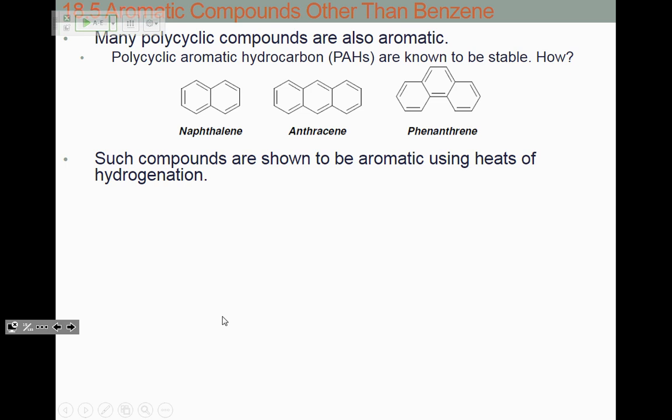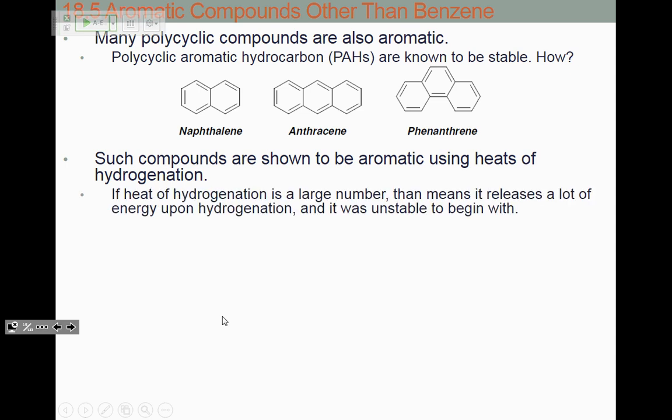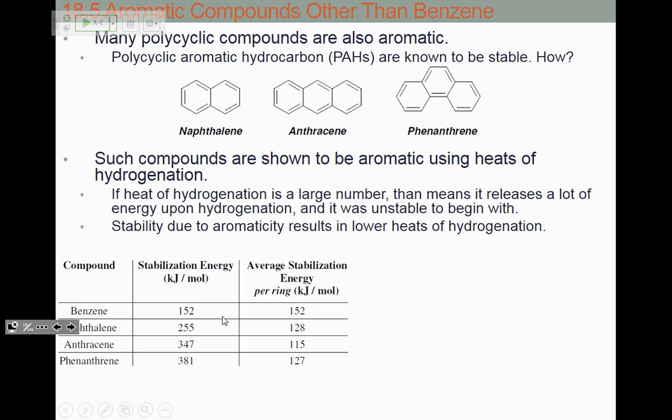They can be shown to be aromatic by showing that they have lower heats of hydrogenation, meaning they're more stable compounds. If it's a large number, that means we release a lot of heat upon reacting, so therefore they're less stable when we start. And what we see is that benzene is more stable than we expected it to be, because of its aromaticity.